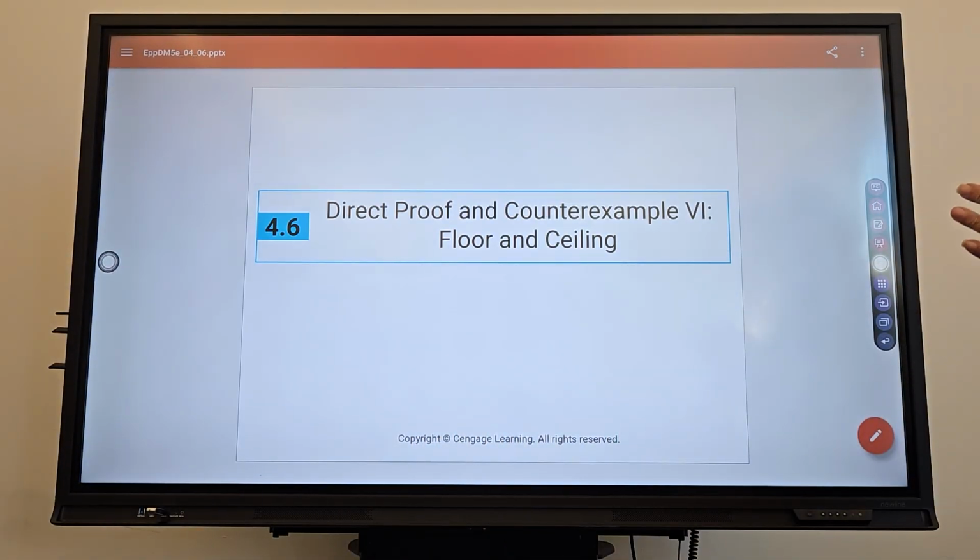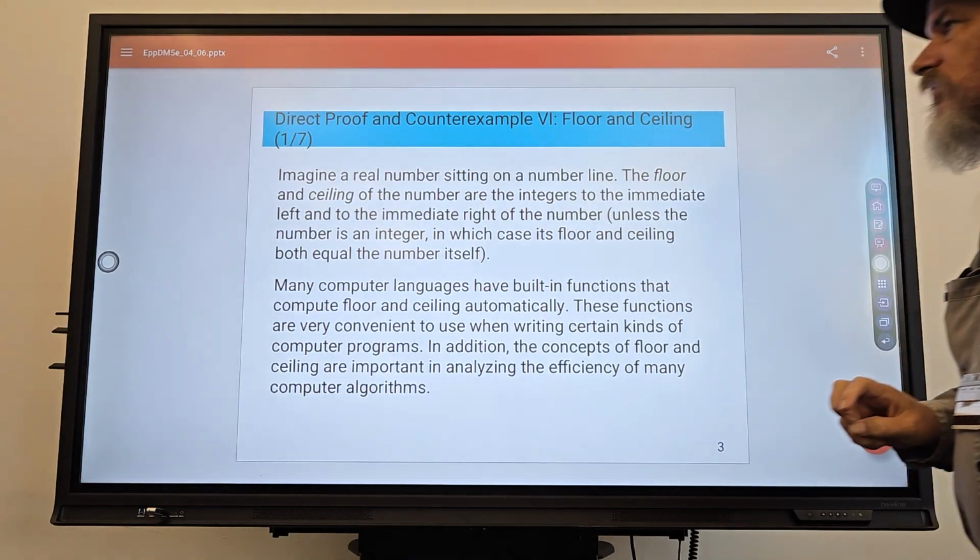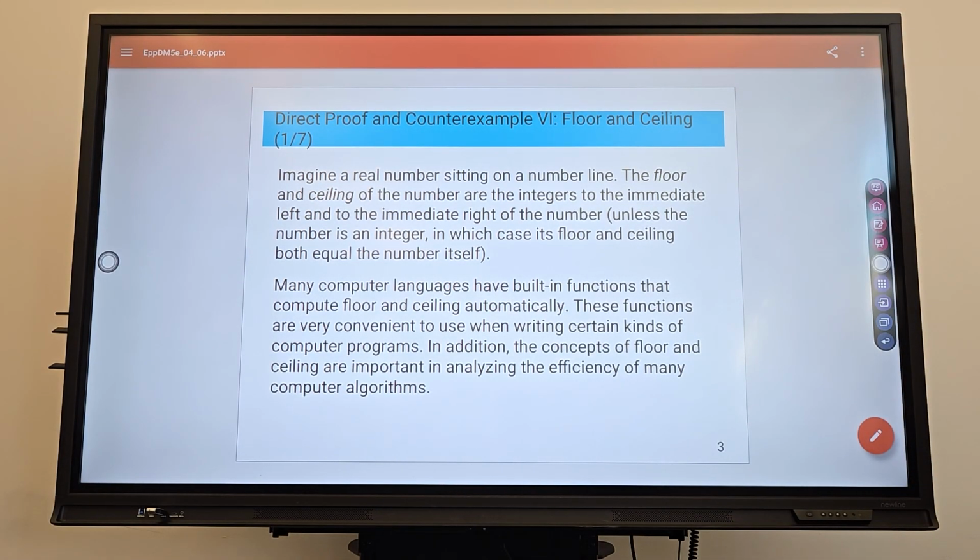Section 4.6, direct proof and counterexample, floor and ceiling. These are functions you find in the math libraries of most languages. Imagine a real number sitting on a number line. The floor and ceiling of the number are the integers to the immediate left and to the immediate right of the number, unless the number is an integer, in which case its floor and ceiling are both equal to the number itself.